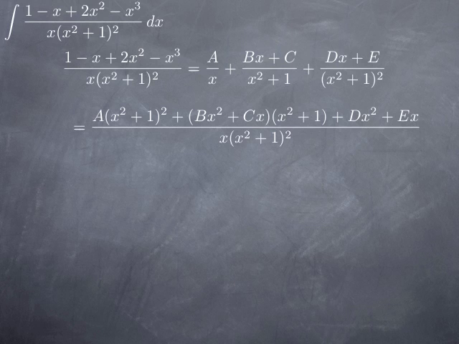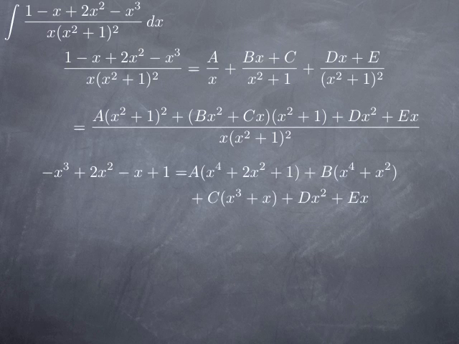For the second fraction, I need to multiply top and bottom by x and by x squared plus 1. That's why I get bx squared plus cx times x squared plus 1. And for the last one, I need to multiply top and bottom just by x, so I get dx squared plus ex.